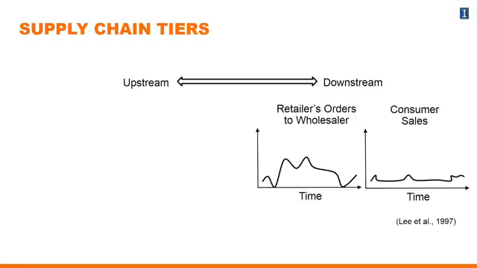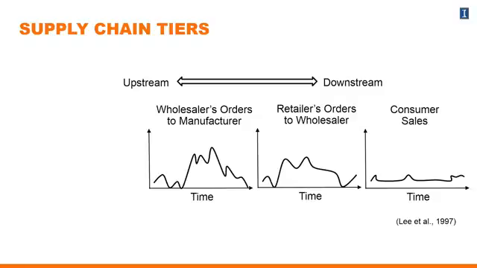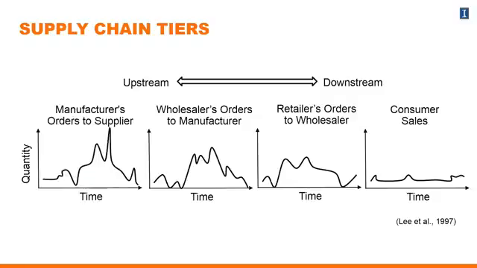And if you keep going further upstream, the retailer has to buy from a wholesaler, and the wholesaler has to buy from a manufacturer. And what you're seeing here is what happens in reality: the variability in demand and the variability in the order quantity becomes much higher as you move upstream in the supply chain. That's what is called the bullwhip effect.